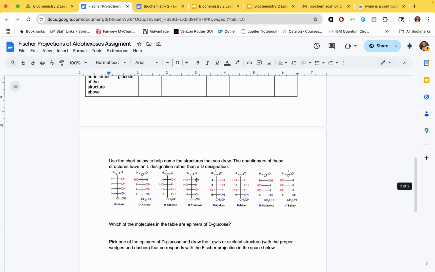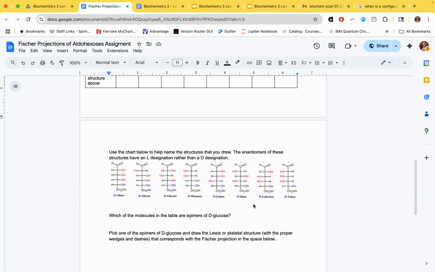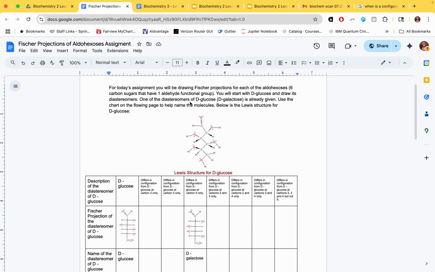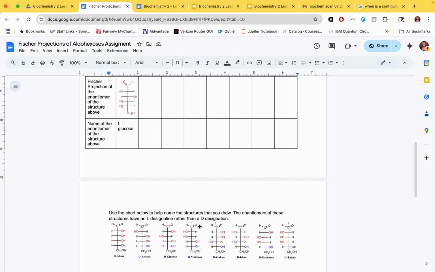When it comes to naming these things, I have the names of all of these, which are called aldohexoses. Aldo because they have an aldehyde, and hexose because they have 6 carbons. I gave you the names of all of the D-aldohexoses.